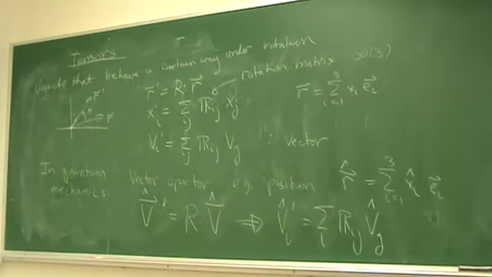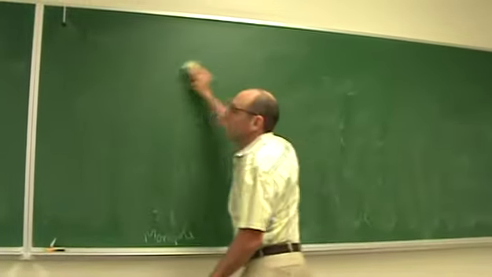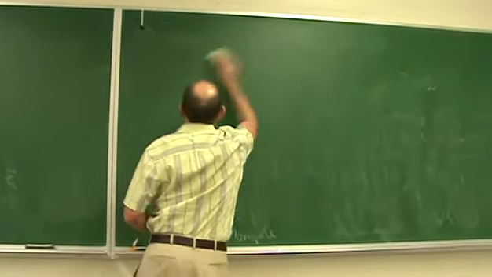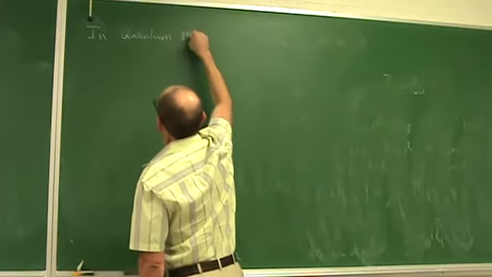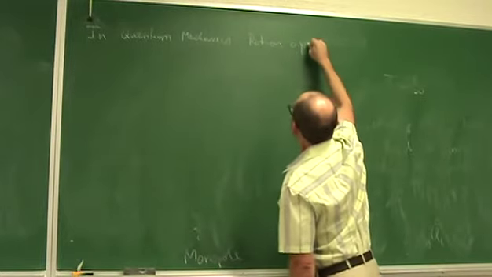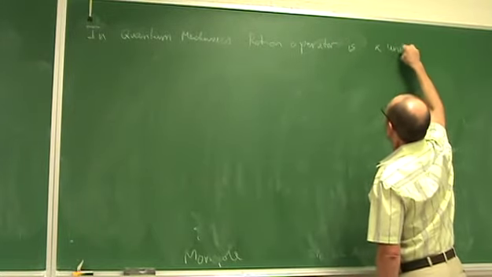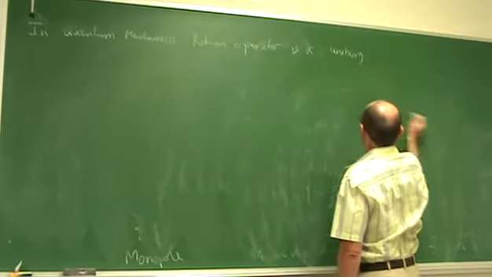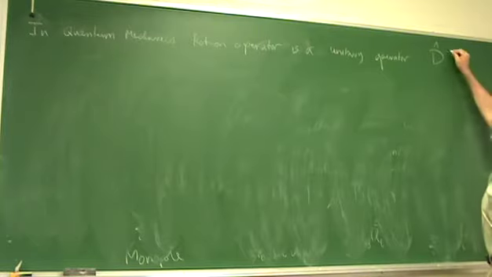How do we achieve such a transformation? Well, in quantum mechanics, we achieve such a transformation through a unitary operator, and it's typically denoted D, okay, associated with a particular rotation.